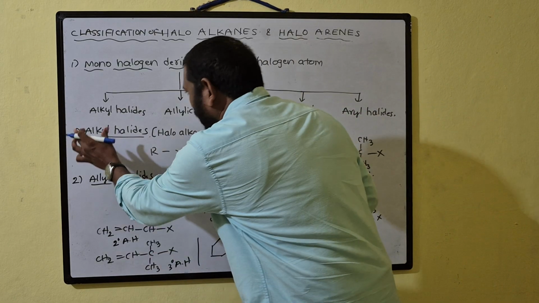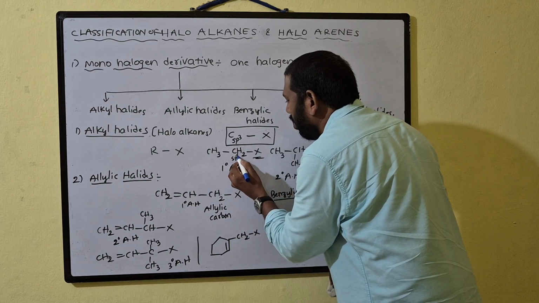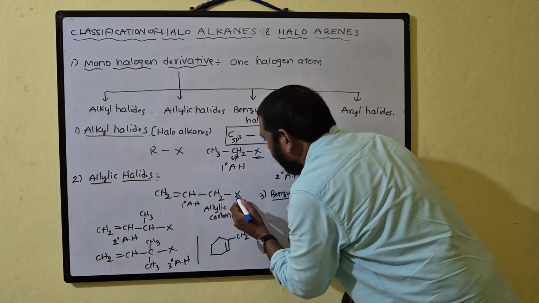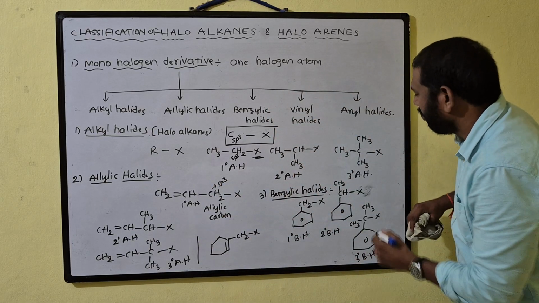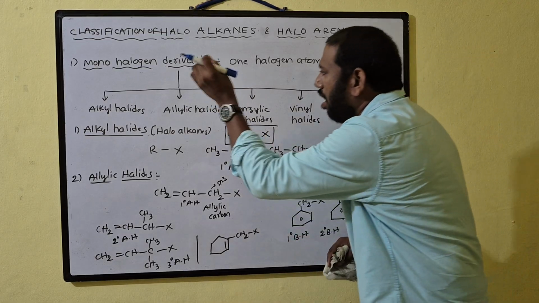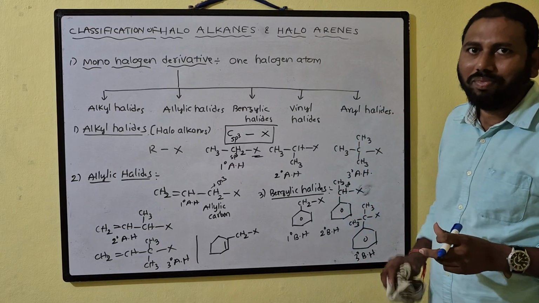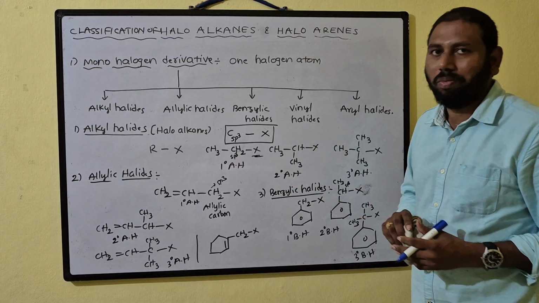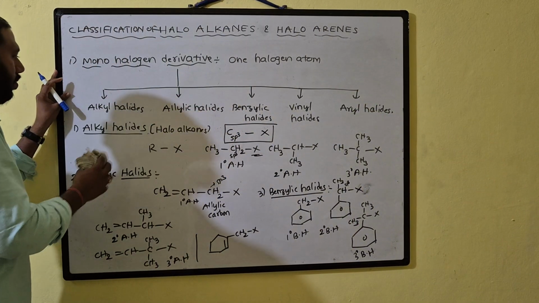Right, one check: in alkyl halides, halogen is directly attached to an sp3 carbon. In allylic halides, halogen is directly attached to an sp3 carbon. In benzylic halides, halogen is directly attached to an sp3 carbon. Right. Now we discuss vinyl halides and aryl halides.